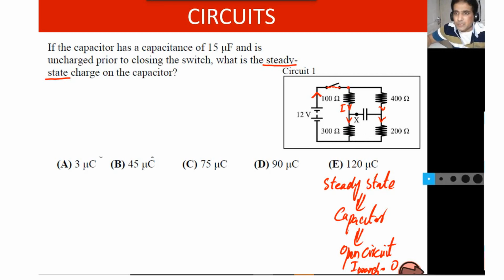So from this information we can write down. Let me clean this a little and write down for you. The voltage across this one then has to be equal to 3 volts. So this has to be 3 volt. And the voltage across this one has to be 9 volt.